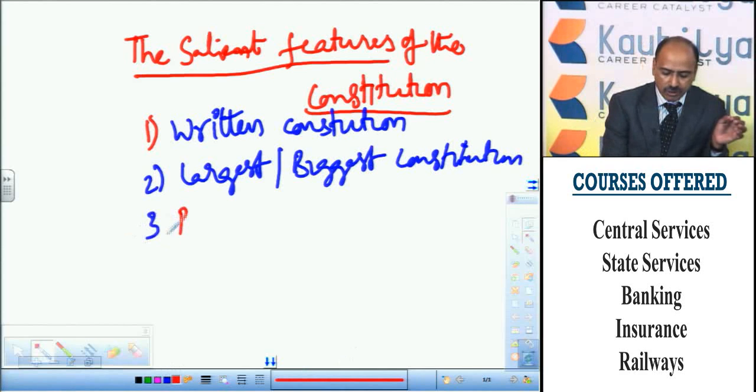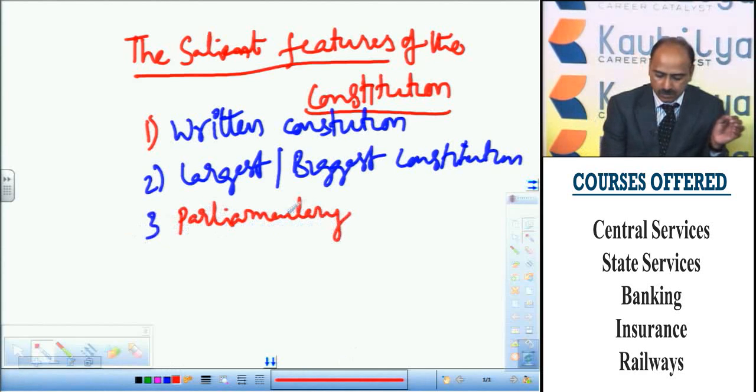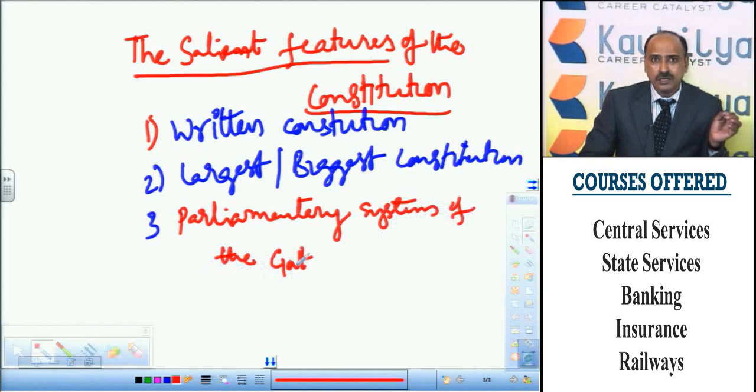Next, the third one is the parliamentary system of government. The Indian system is a parliamentary system of government. In a parliamentary system, the PM post is an unsecured post, and the CM post is an unsecured post.